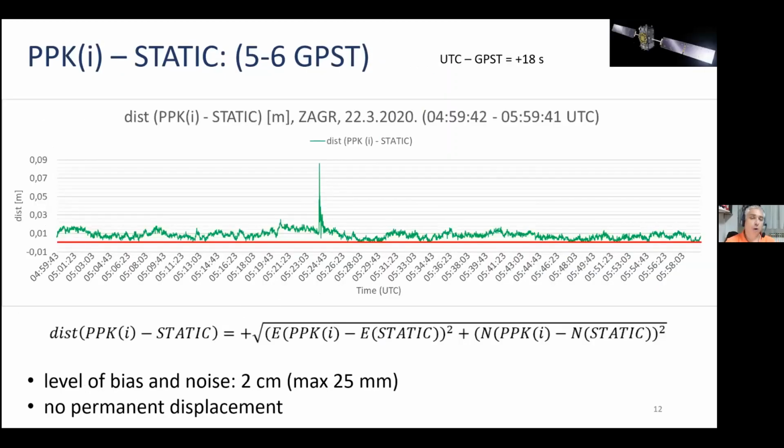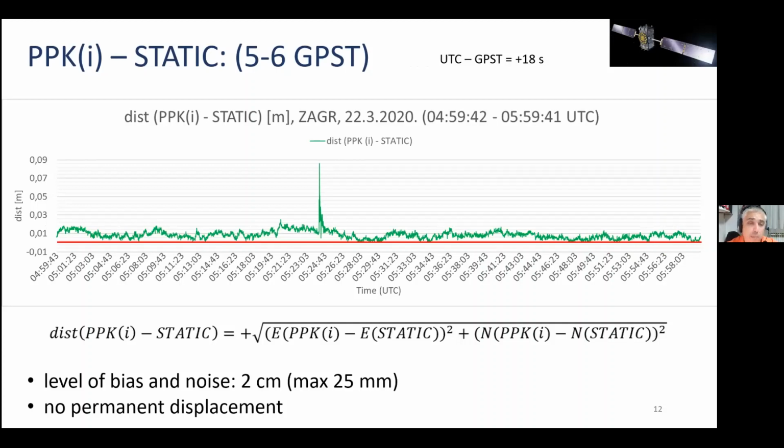So if we plot all those 3,600 solutions over time, on the horizontal axis there are timestamps, and on the vertical axis there is the distance from each of those solutions to the reference one.